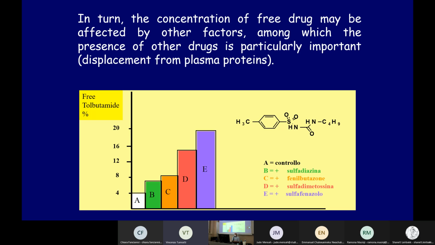The sites on the proteins for the binding of the drug normally are the same.